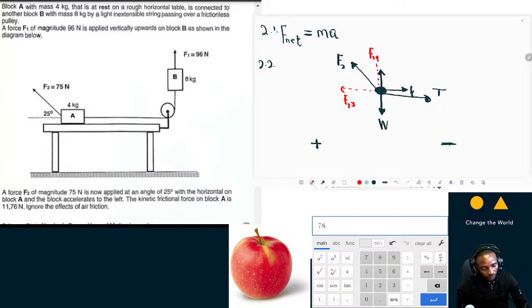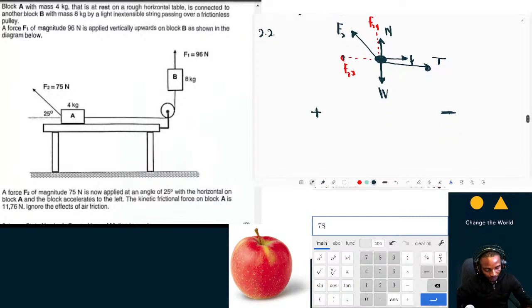This will be F2y. Then here we have the normal force. All right. So those two red components which I have drawn in red are equivalent to F2. Then everything that is going to the left is positive, and everything that is going to the right is negative.